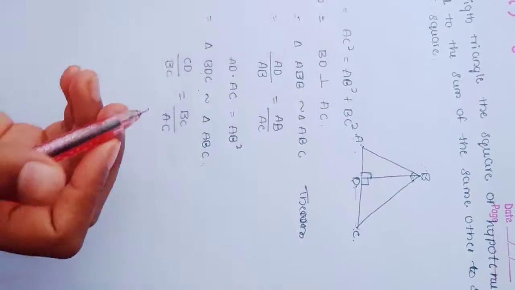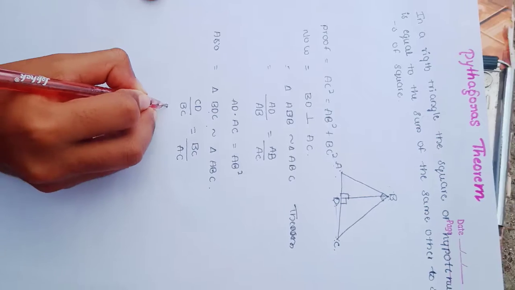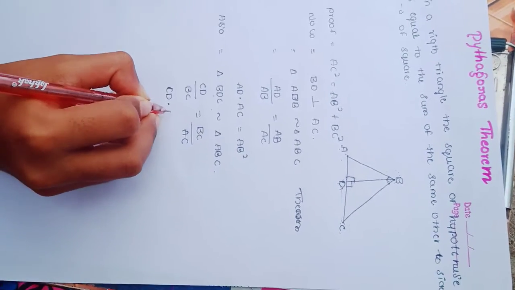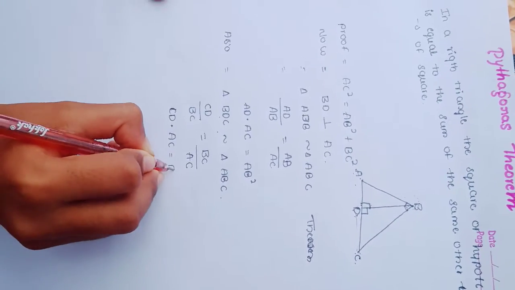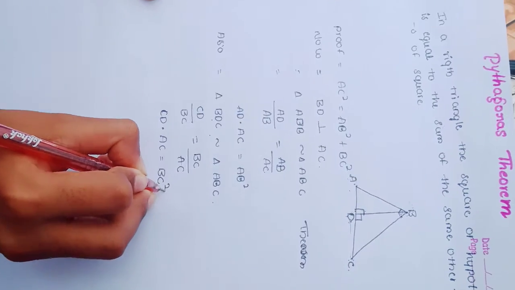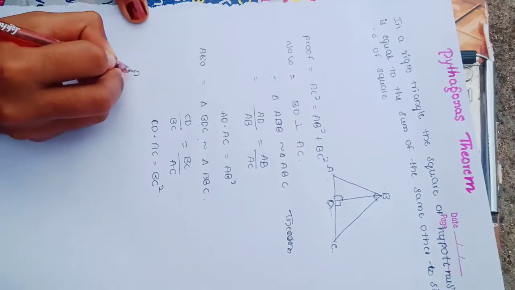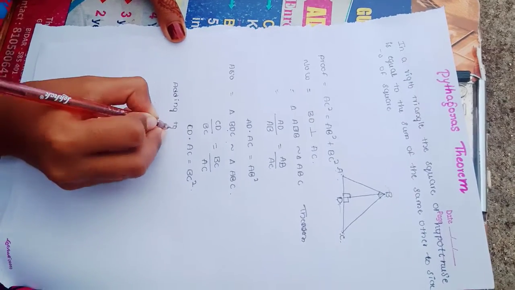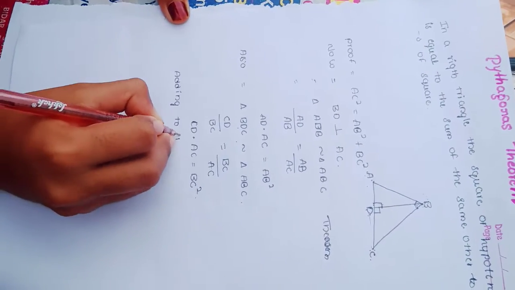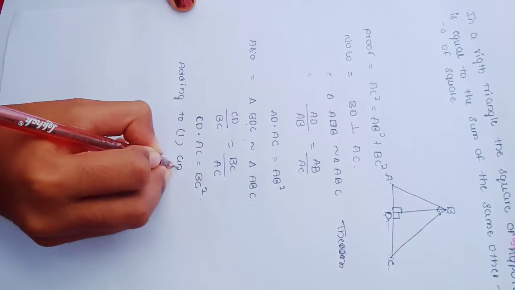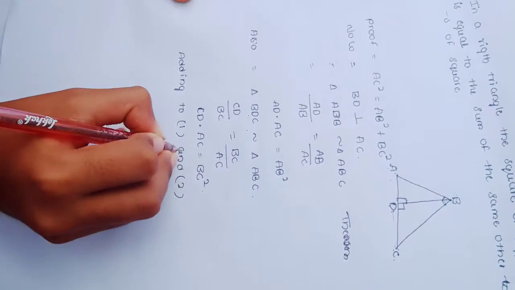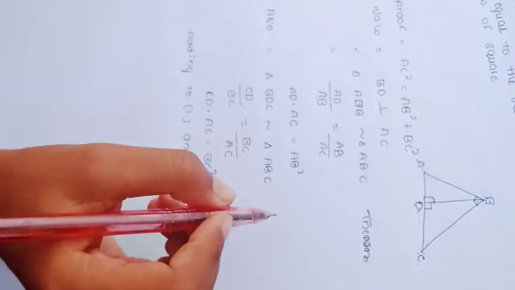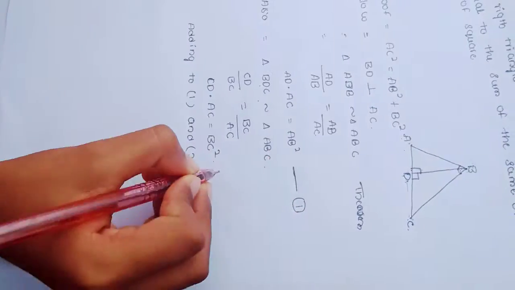Multiplying opposite sides, CD multiplied by AC is equal to BC square. Now adding equation 1 and equation 2.